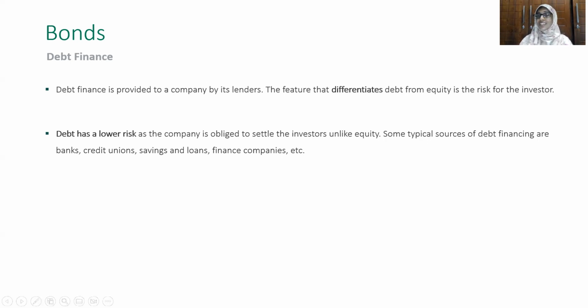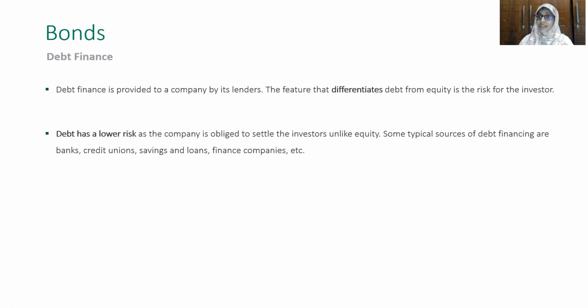As you can see, the feature that differentiates debt from equity is the risk factor. So debt has a lower risk as a company is obliged to settle the investors, unlike with equity. Compared to equity, their risk is less. Why? As I mentioned, the company is obliged to settle a particular amount.